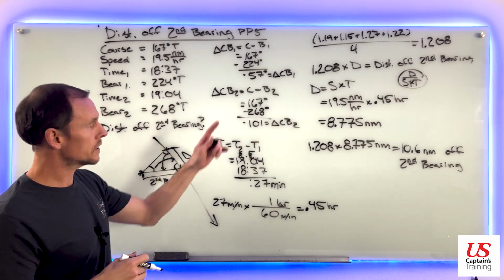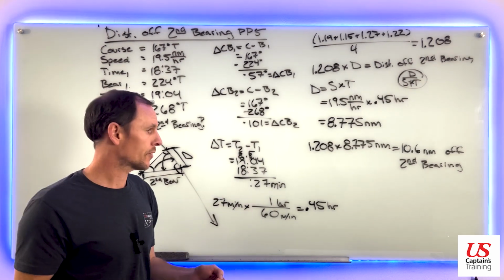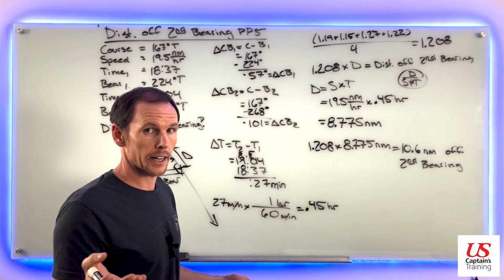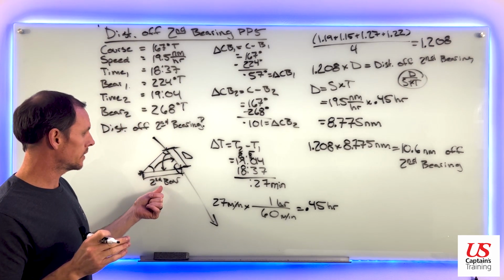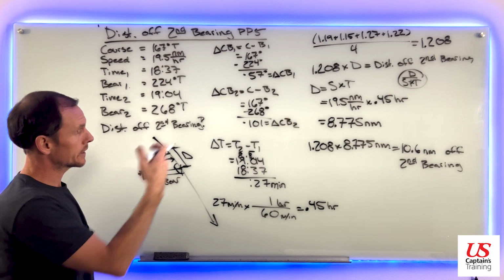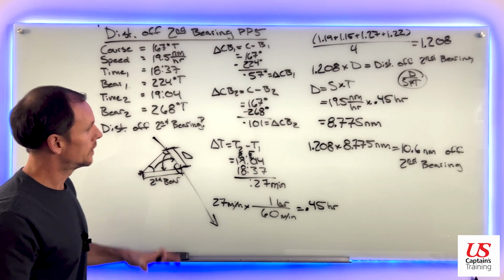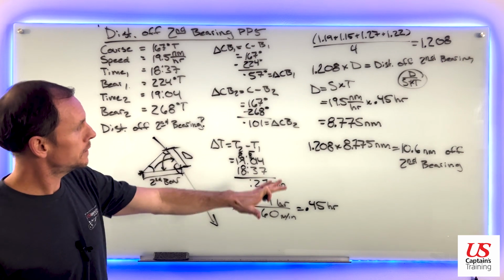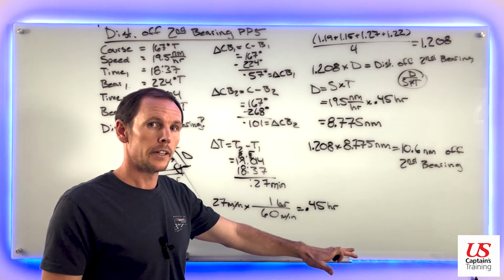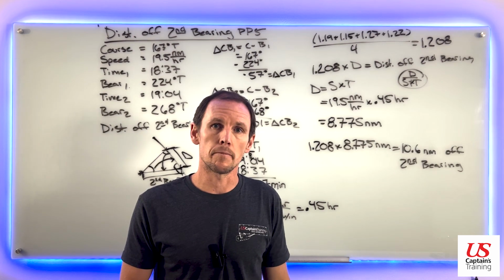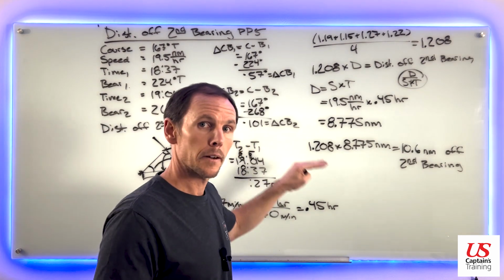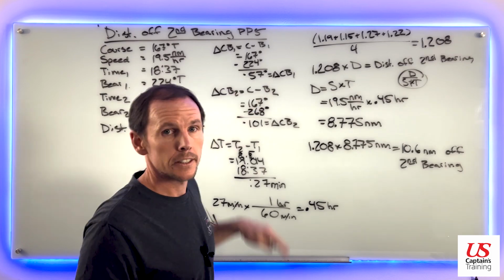So this table is doing a bunch of math. I'm pretty sure it's using the law of sines, correct me if I'm wrong, to get this distance. And that's the magic of this table. And that's a deep dive and an overview into how we solve distance off second bearing problems using practice problem 5 as our example.